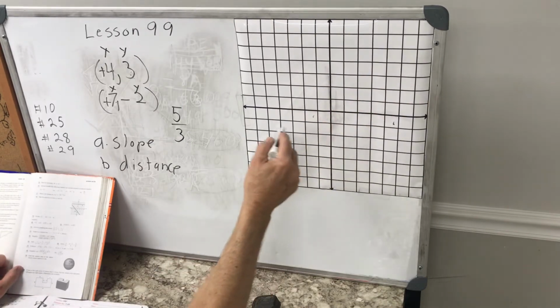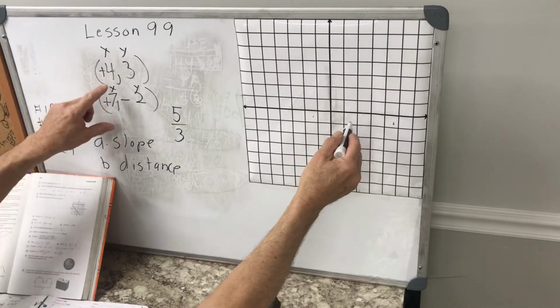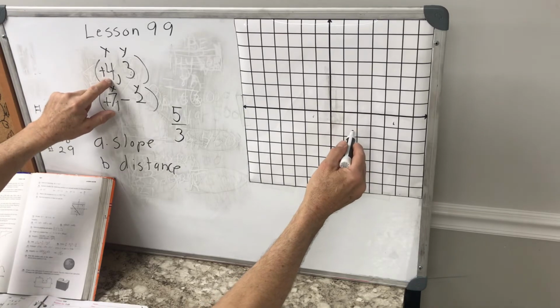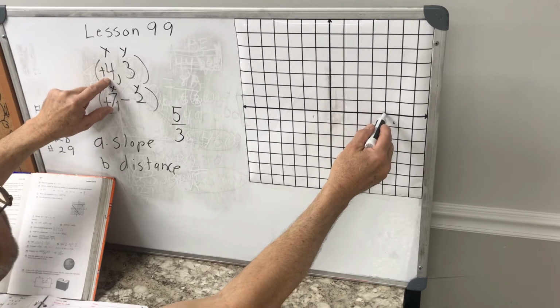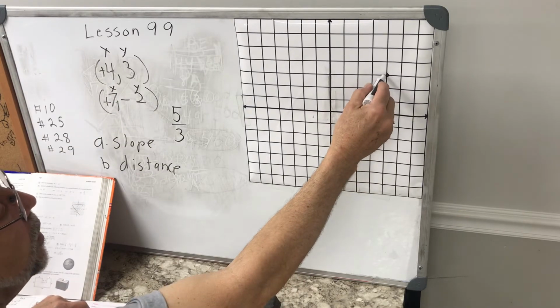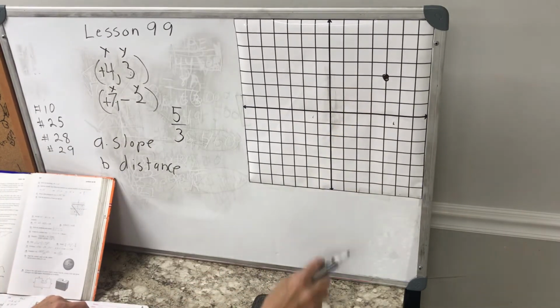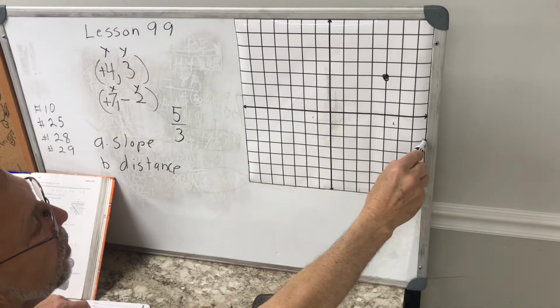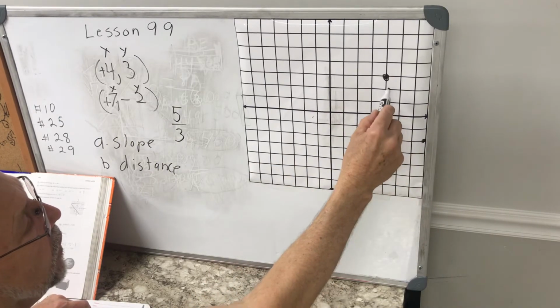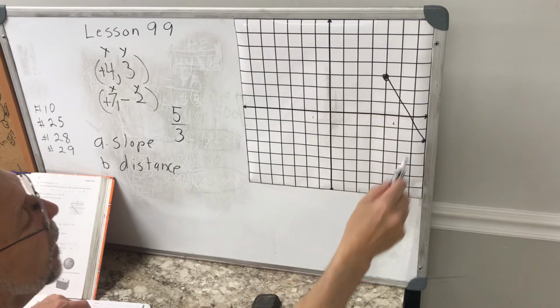You do have a graph, so let's go back to this. Place your points. The first one is a +4 on your X and a +3. This is where your first point is. The next one is a 7 and a -2, so it's way over here. This is your line.